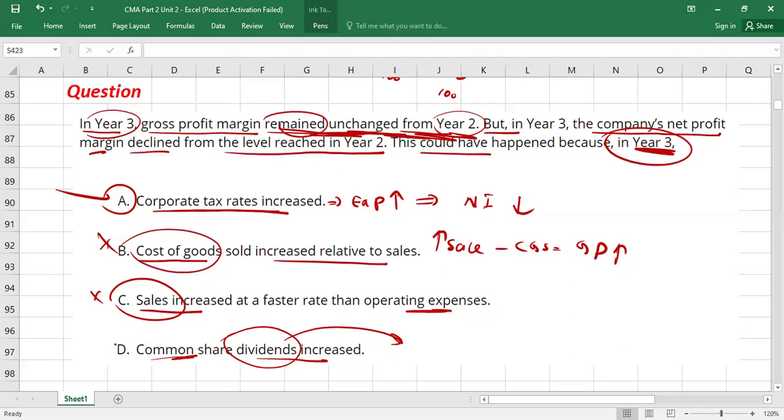That is why this could not be the reason, because I'm talking about dividend payments, not dividend receipts. Dividend receipts can be recorded as income in the income statement, right? But dividend payments which you pay to your shareholders are never recorded as an expense in the income statement. So that's why it won't affect your net income or gross profit. So the first option is the correct answer.